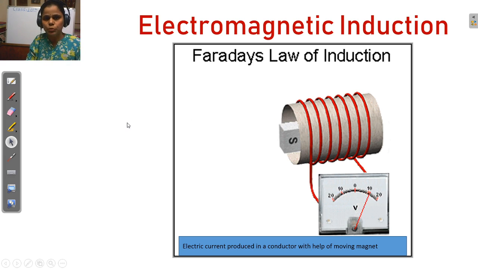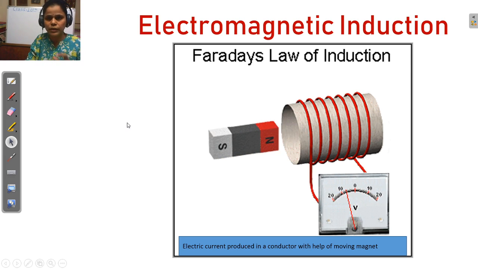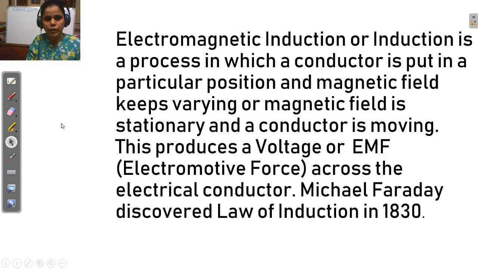Understand? So what is electromagnetic induction? Electromagnetic induction is a process in which the conductor, in a solenoid shape, is put in a particular position and the magnetic field keeps varying, or the magnetic field is stationary and the conductor is moving.